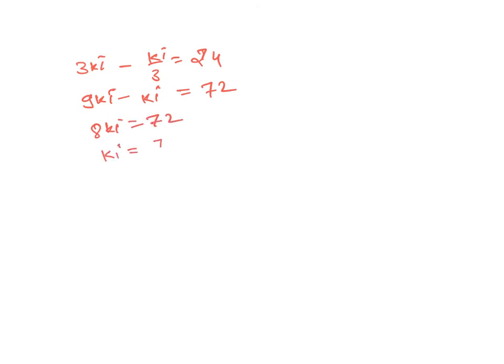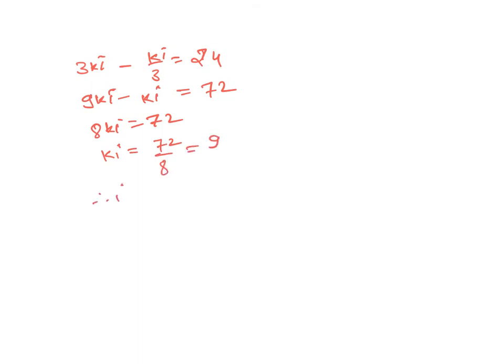3kI minus 1kI by 3 equal to 24, right? Correct. So now what I need to do is calculate the value of I here. So for that, 9 times kI minus kI, sorry, simplification is there, 8kI equal to 72, kI equal to 72 divided by 8, which is 9.